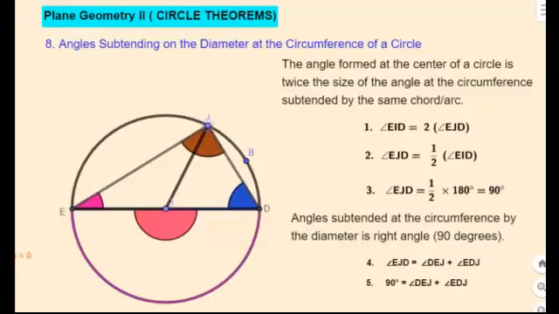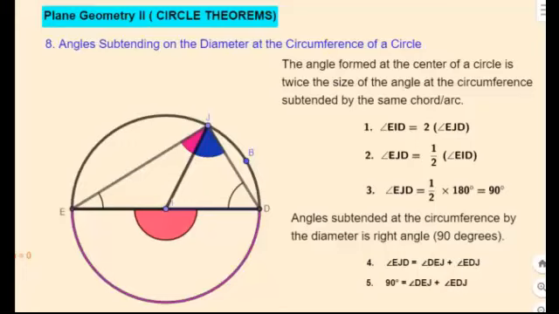Let me move the base angles and place them on the angle at the circumference. Good. That one fits well. And let's see the other one too. Good. So you see, when we add them, they should give us 90 degrees.